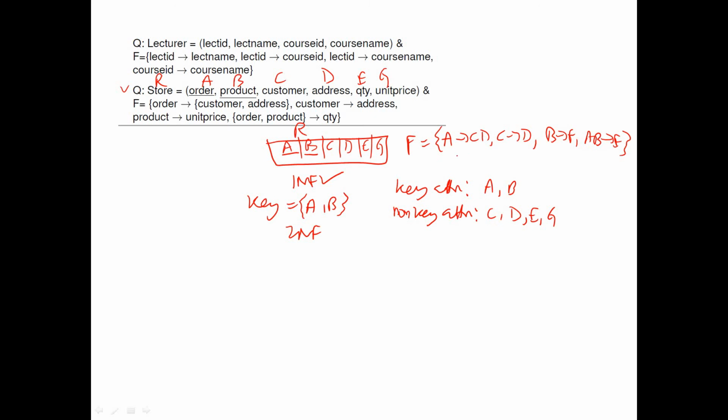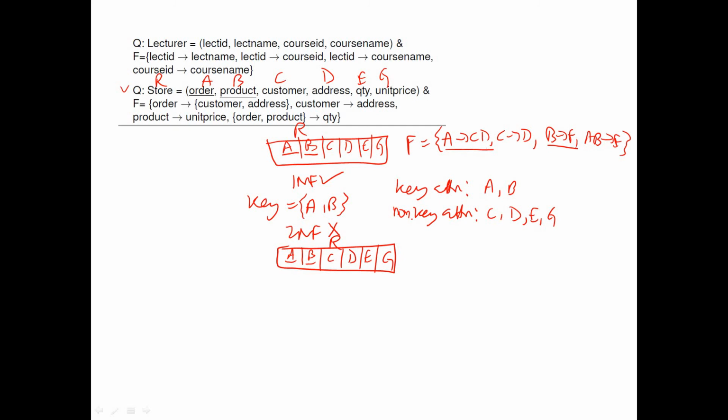Is it happening? You see, A to CD, CD is depending only on the A, B to F, F is depending only on the B. That's why this table is not present in the 2NF. So to convert this into the 2NF, I'll go for decomposition. R is containing AB, CD, EG.